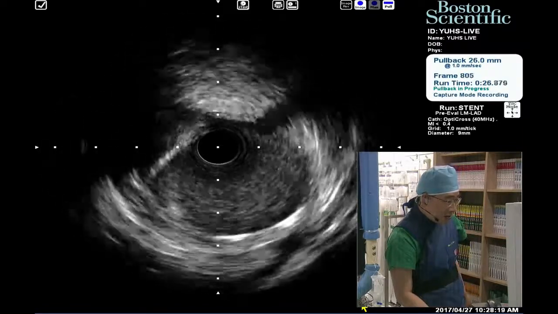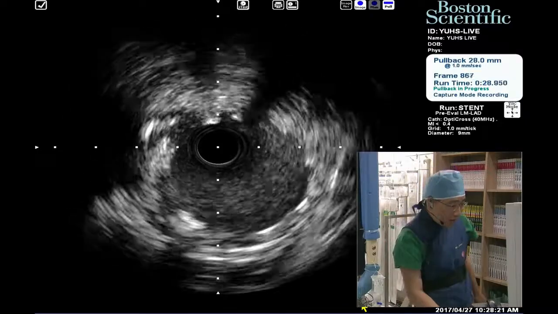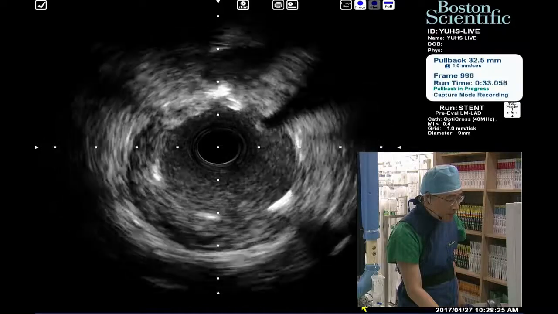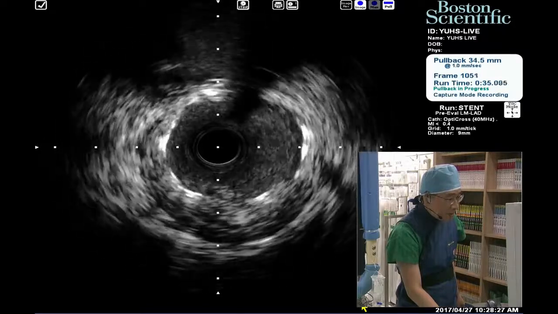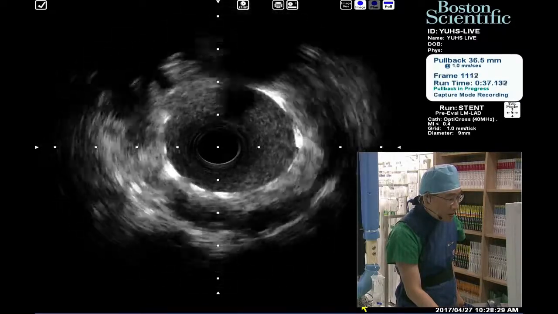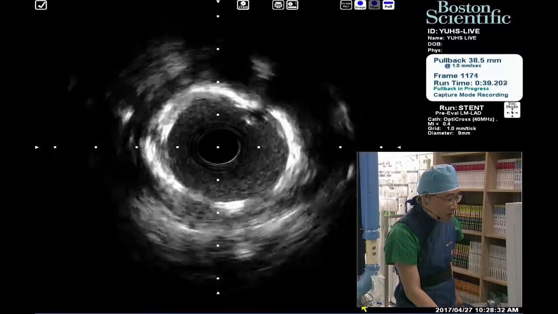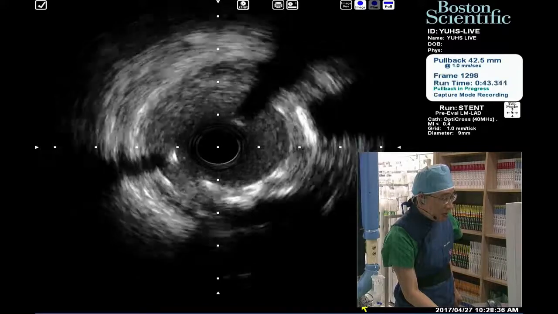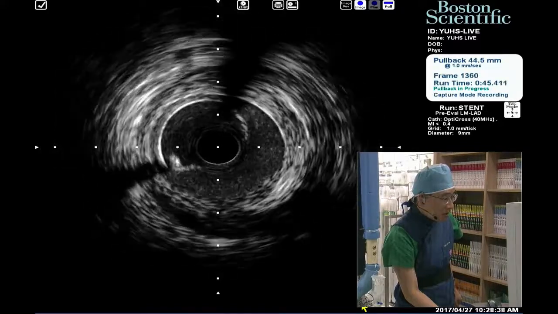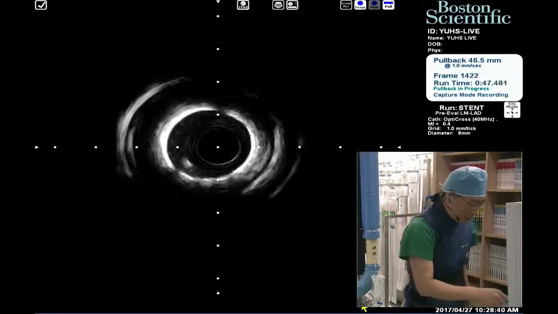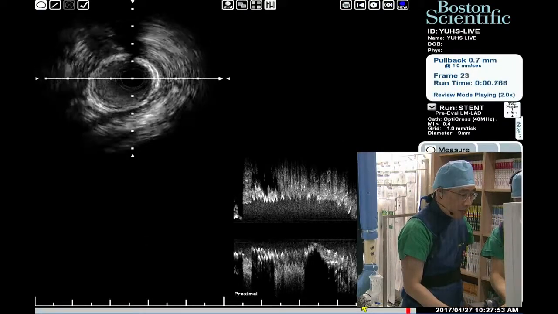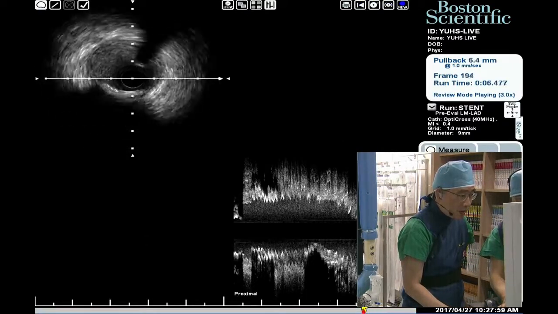The stent is around 3.5. This is the pullback to the ostia. Let me check. Okay, again. We will do the IVUS once again for evaluation of the ostia.